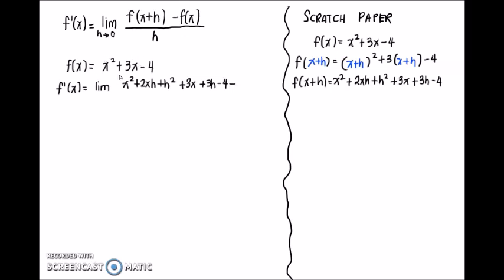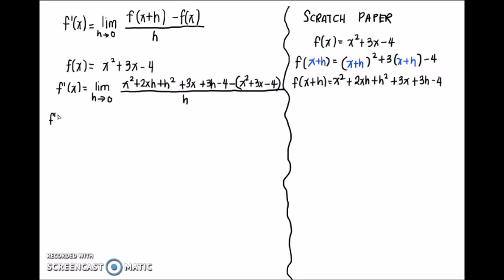Take note that there are 3 terms on this function. So, ang gagawin natin, lalagyan natin siya ng parenthesis. It's very important na hindi mawala yung parenthesis na yan. So, that is x squared plus 3x minus 4, all over h as h approaches 0. So, basically, if we substitute 0 immediately here on the variable h, magiging over 0 siya. So, hindi pwede yon. So, kailangan muna nating isimplify yung ating numerator.